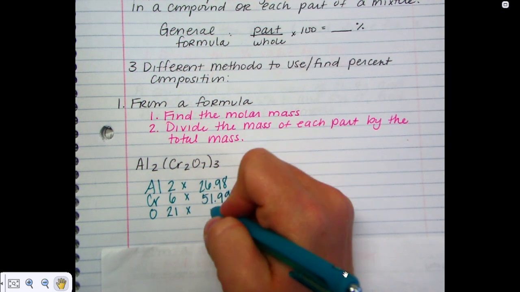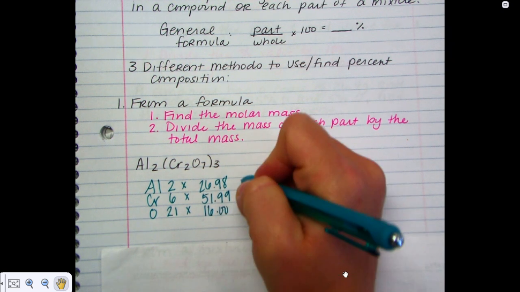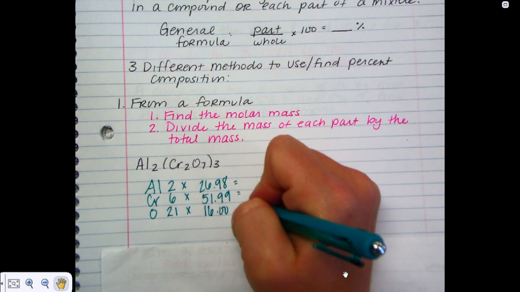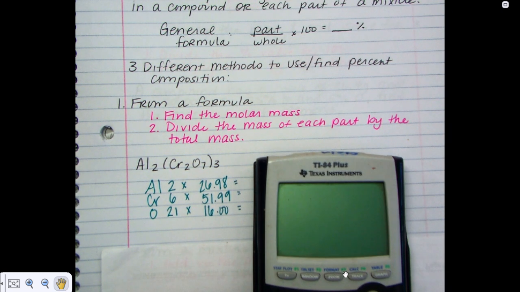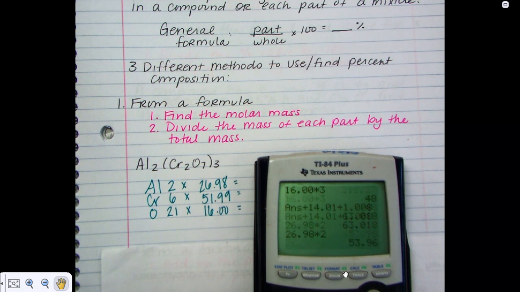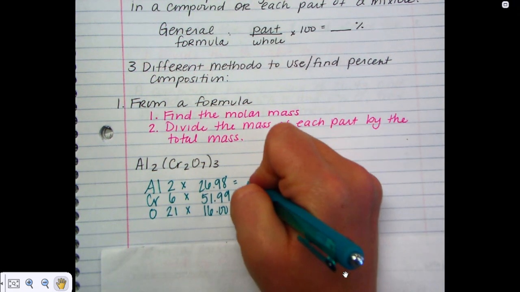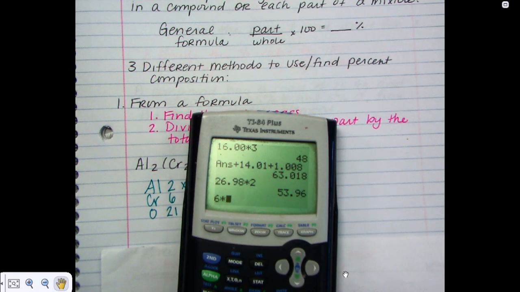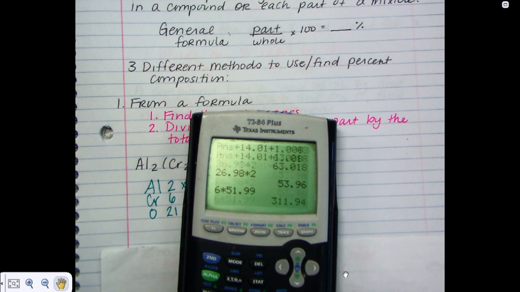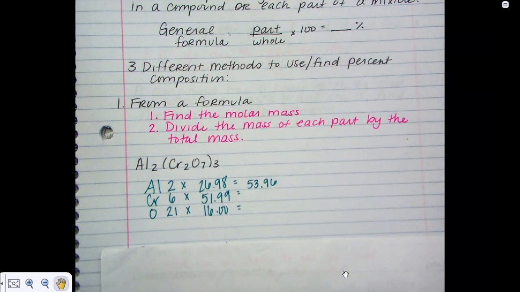And we know oxygen is 16.00. Okay. So I'm going to do my math. 26.98 times 2, 53.96. And then 6 times 51.99 for my chromium, 311.94.